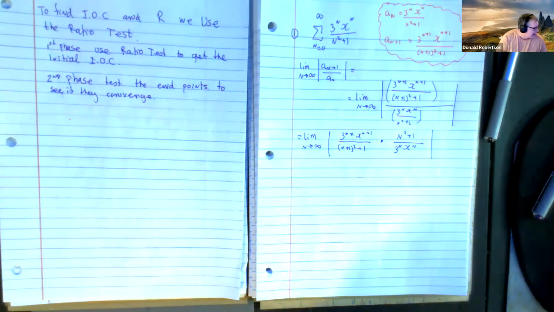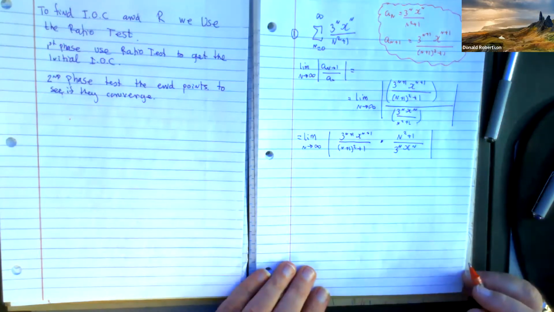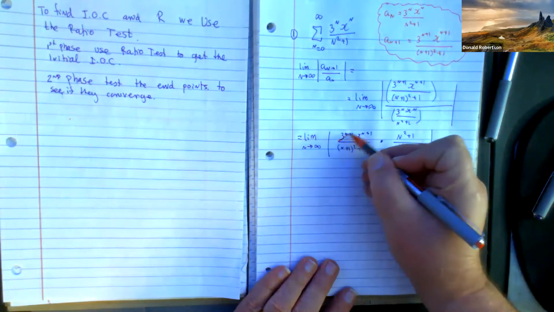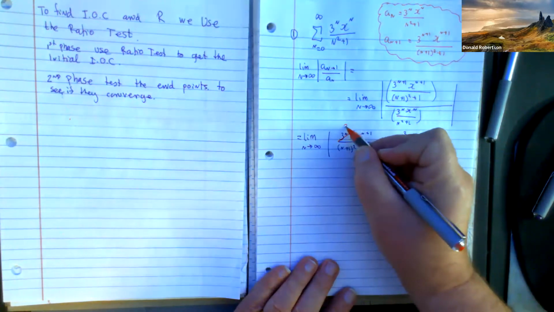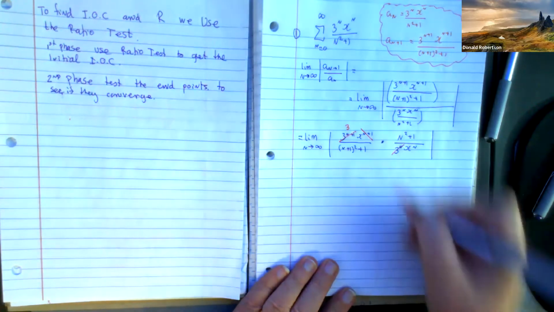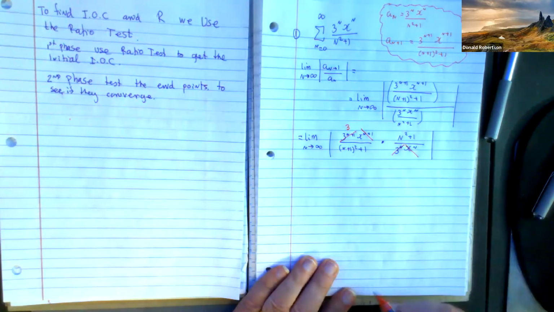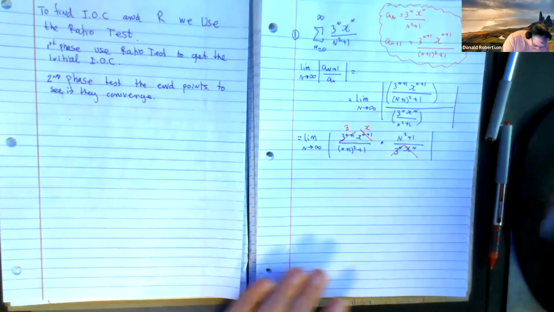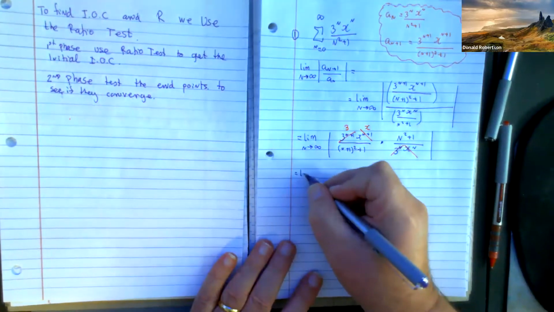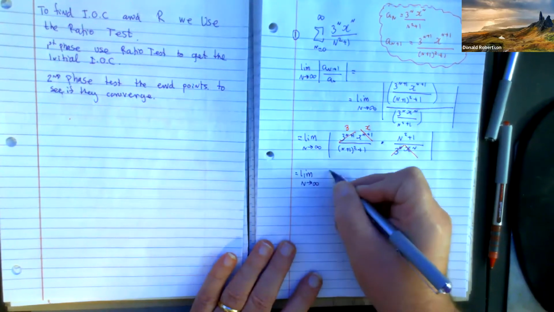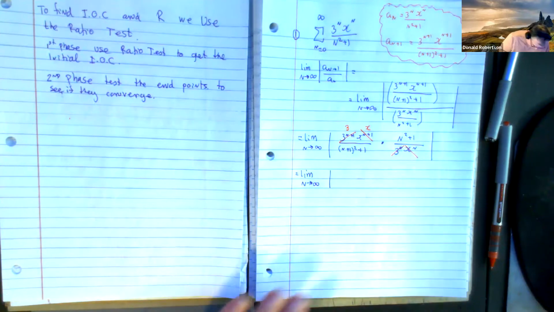Now, you cancel everything in sight. Well, there's quite a few things that can cancel. That 3 to the n will cancel with that 3 to the n plus 1 and leave me with 3. That x to the n plus 1 will cancel out with that x to the n, and that will leave me x. And then, once you've cancelled everything that you are capable of cancelling, you write down what's left.